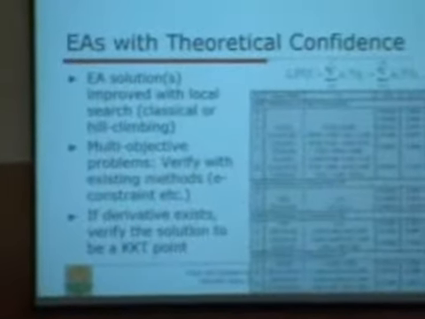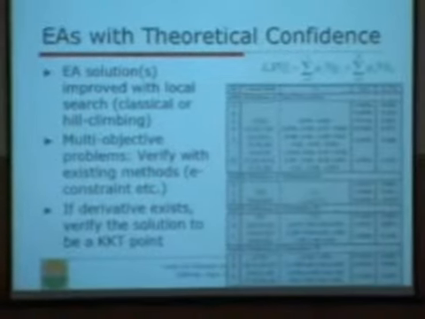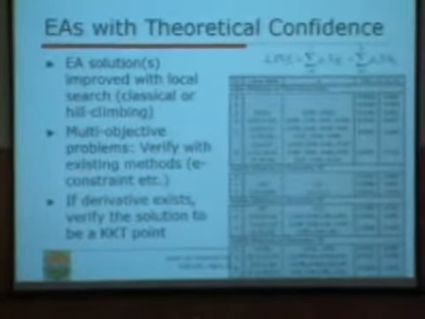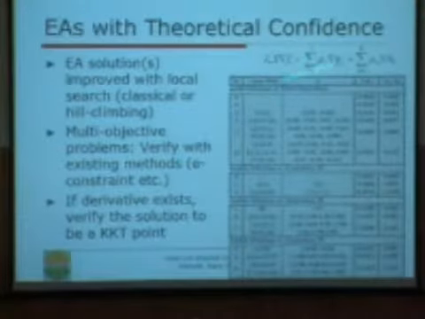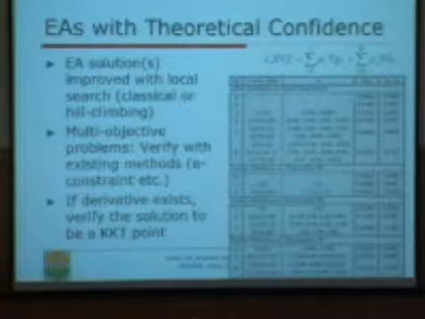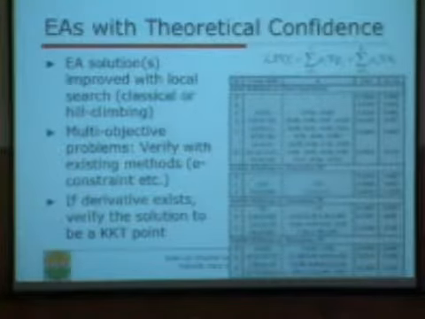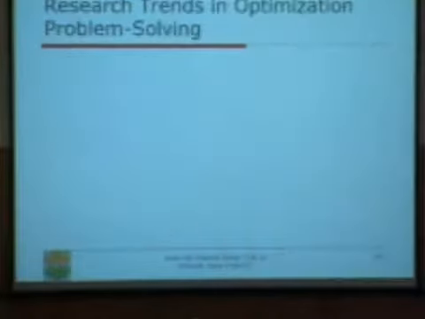We take problems which are differentiable, or where we can at least do a numerical gradient computation. We find a GA solution, then go back and show that these points are Kuhn-Tucker points, which are theoretically likely candidates for the optimum. We have started this lately, and it shows that in most cases we get very close to the Kuhn-Tucker point. This gives another dimension to optimization research, saying that EAs are finding solutions which are worth looking at.